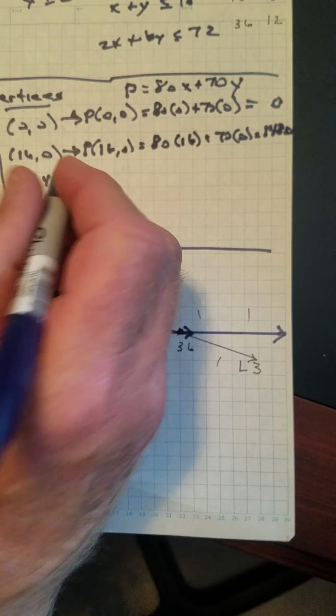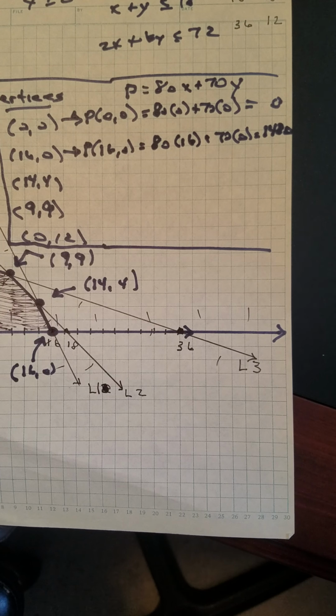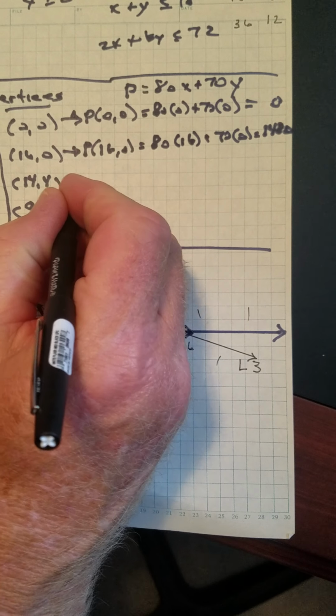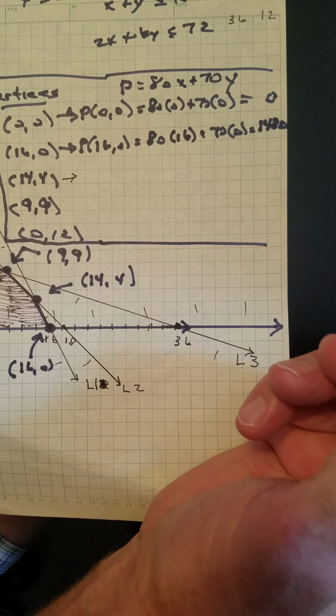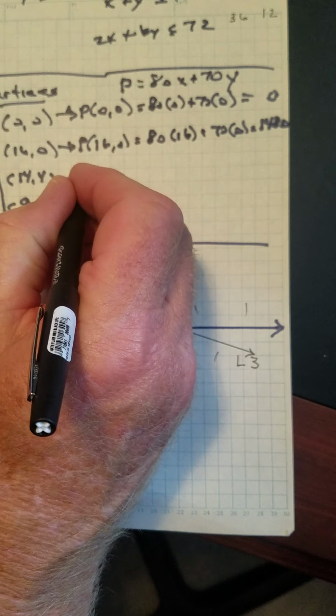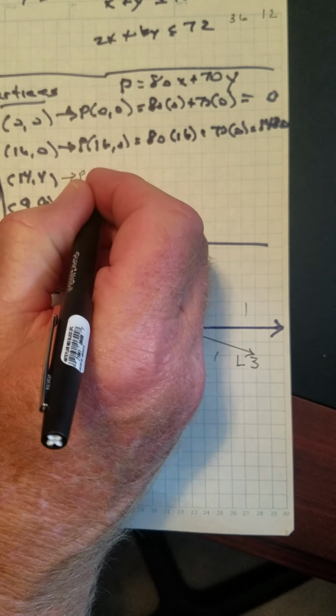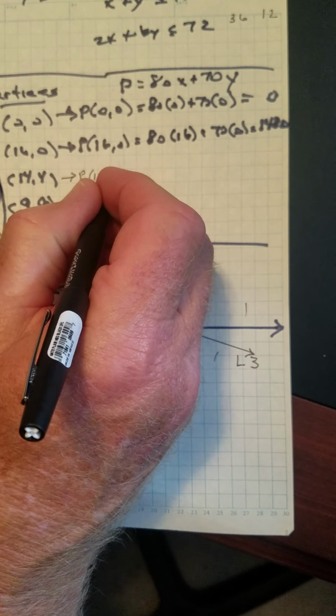Okay, and going down, if you'll let me, I'm going to switch pens. This is starting to jumble together. Where'd my other one go? There it is. So on this one, I hope this one is okay. So I'm going to find the profit at 14, comma 4.